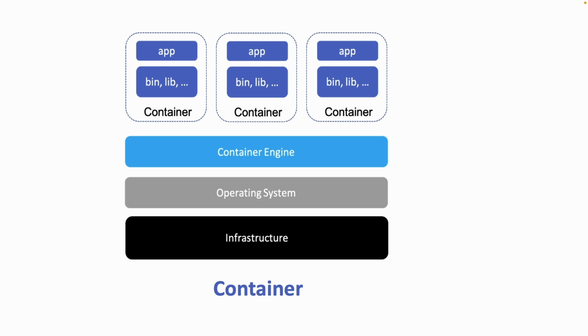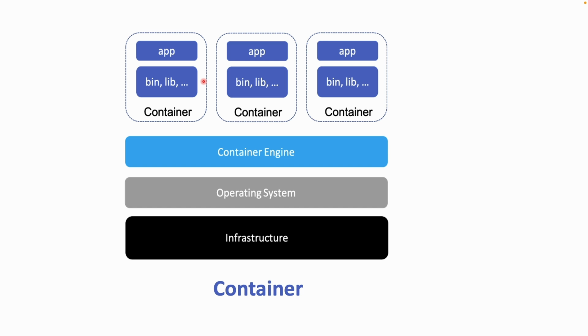For a container, all you need is a host OS that supports containers and a container runtime. So here you are virtualizing the OS rather than the hardware. The container abstraction makes your code very portable.